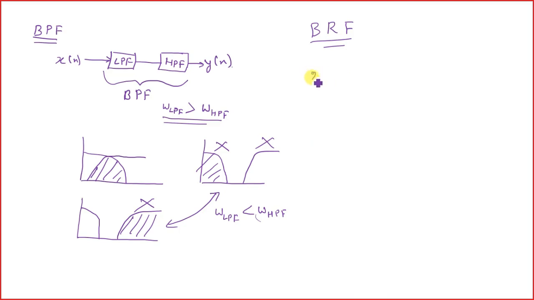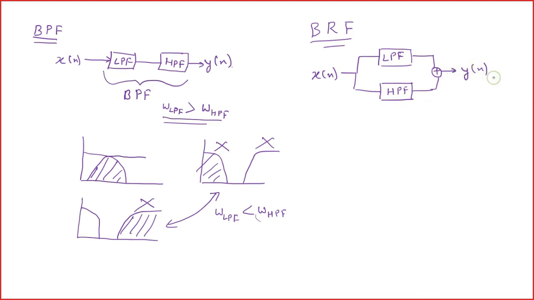How? Xn, you get Yn. So what is happening?